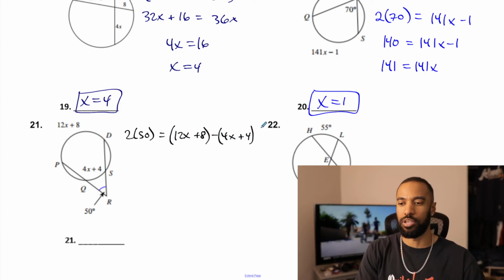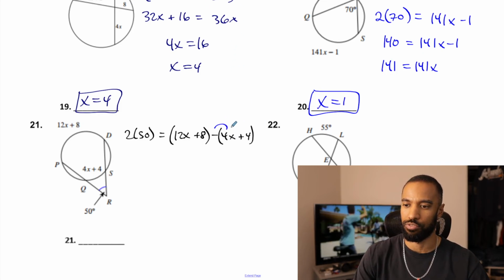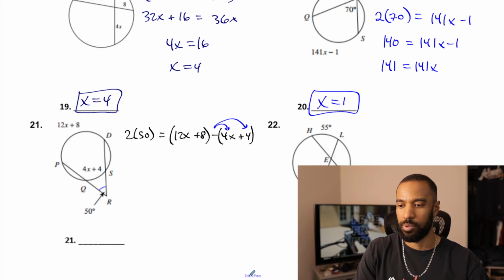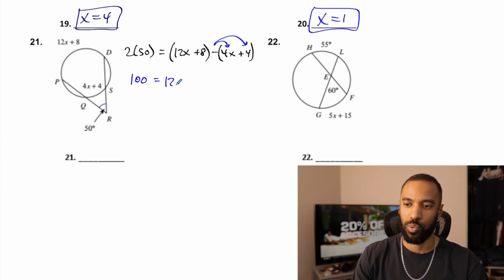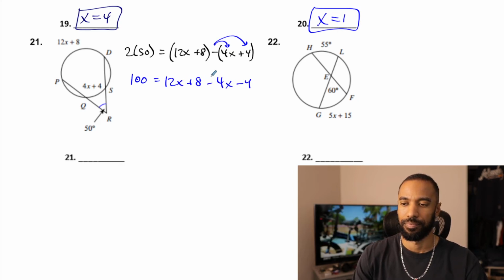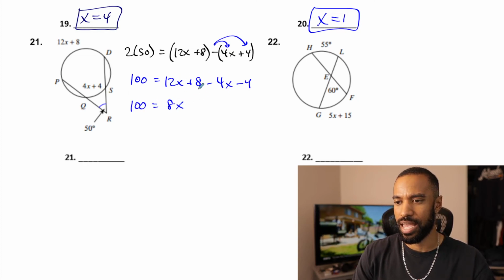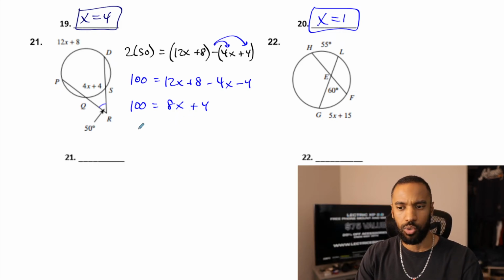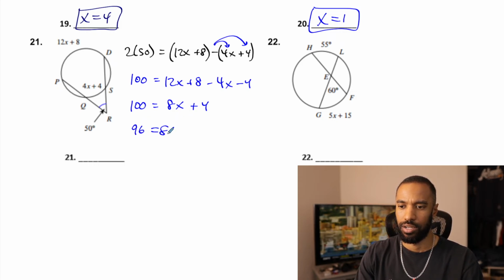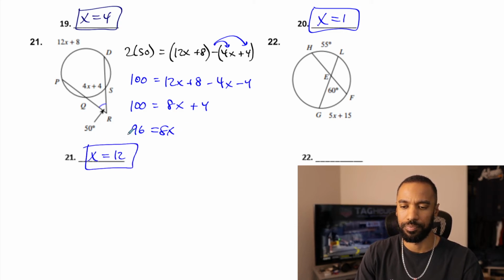You're not foiling, but you do want to make sure you are distributing the negative into the 4x plus 4 here. 2 times 50 is 100, and this becomes 12x plus 8 minus 4x minus 4. So 100 equals 12x minus 4x is 8x. 8 minus 4 is 4. So what are we going to do? Subtract 4. Divide by 8. You get x equals 12.